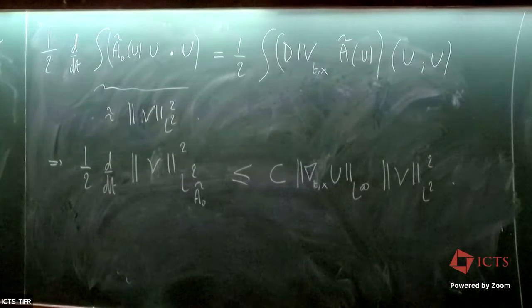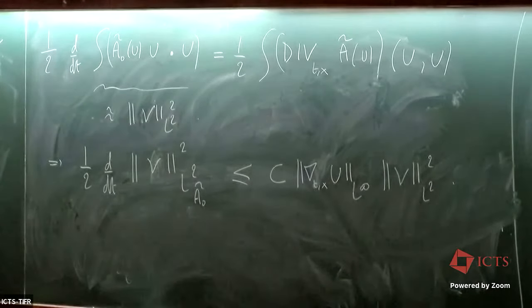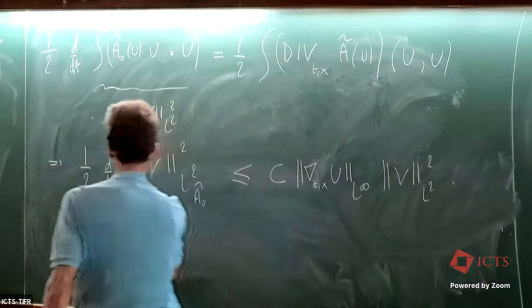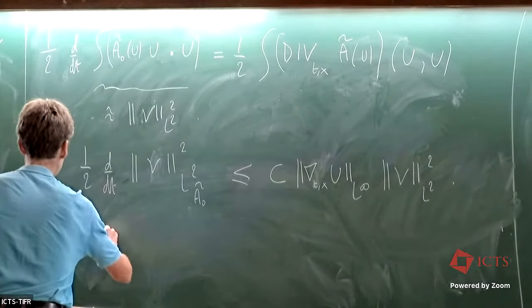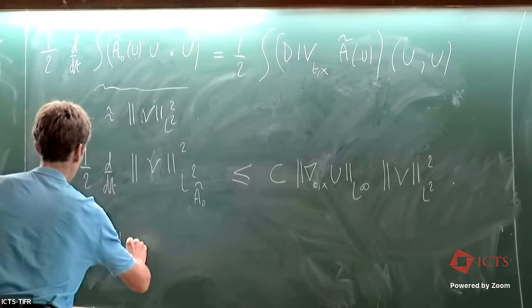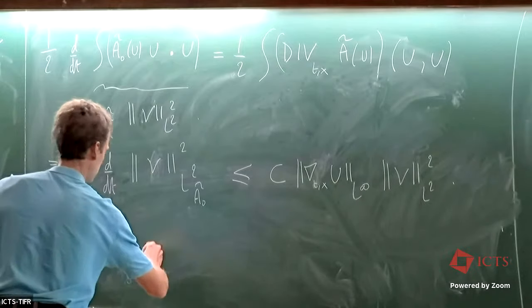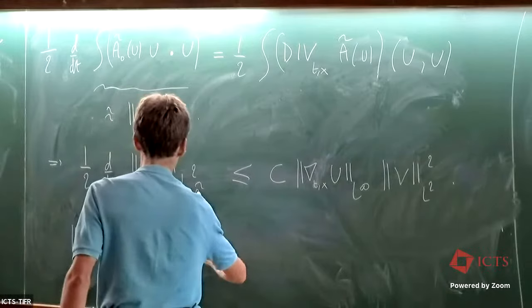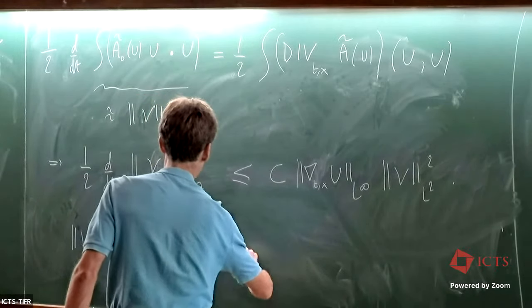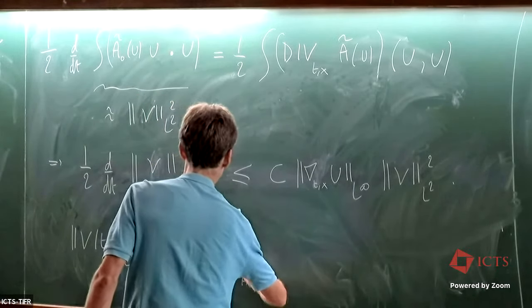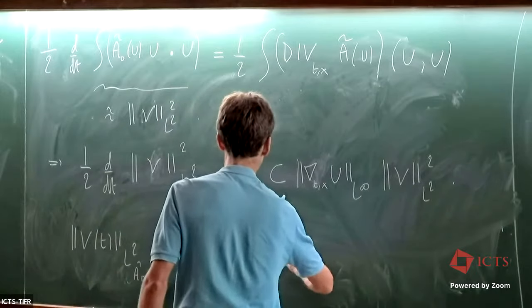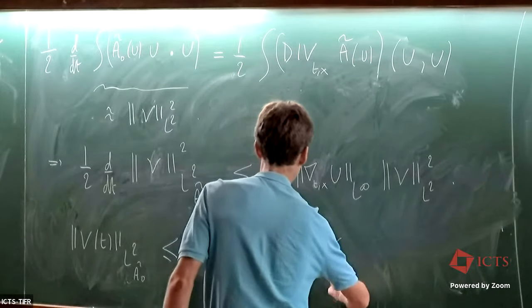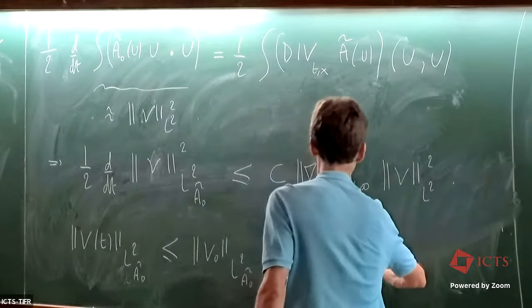And then you can play with Gronwall's lemma to get control of V. Typically, Gronwall will give this kind of inequality: exponential of C times the gradient of U.